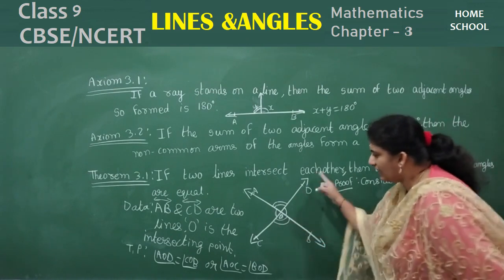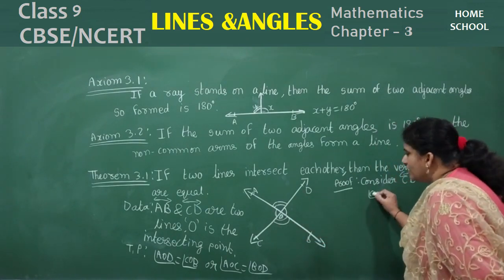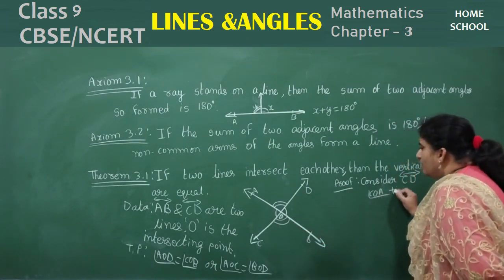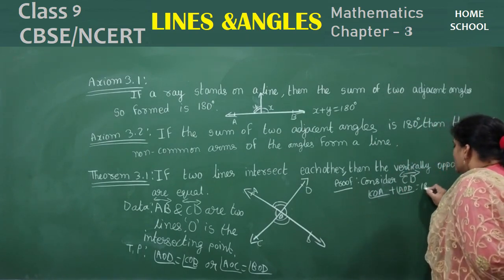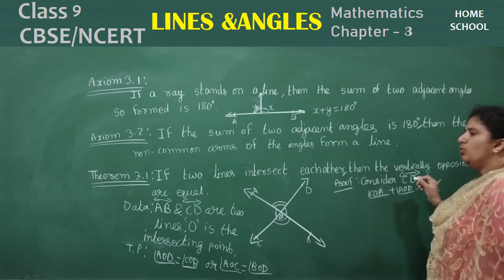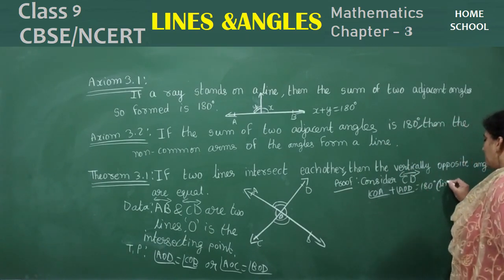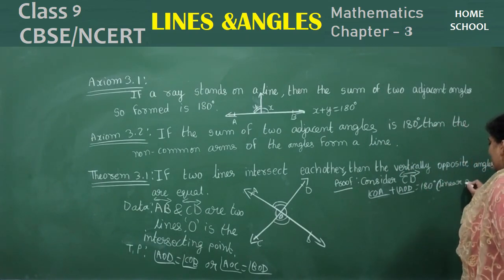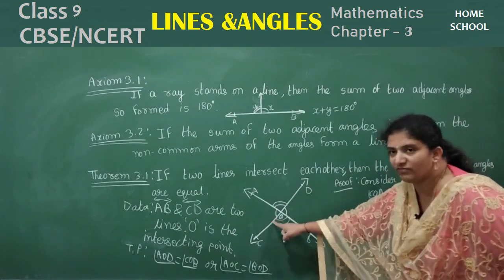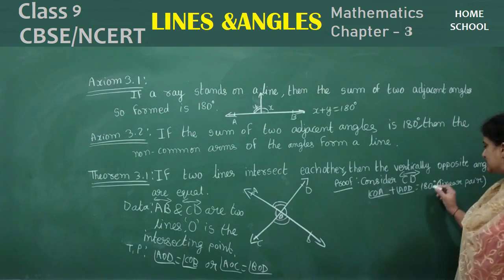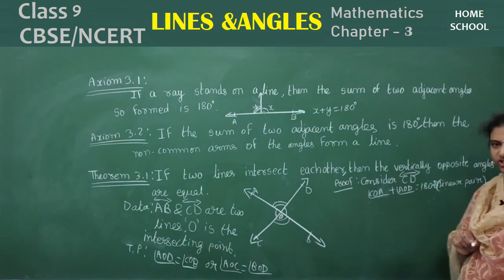In this line, I am going to consider angle COA plus angle AOD, equal to how much? By what do we know? By linear pair, it is a straight angle. These two angles sum to 180 degrees. Mark this as the first equation.